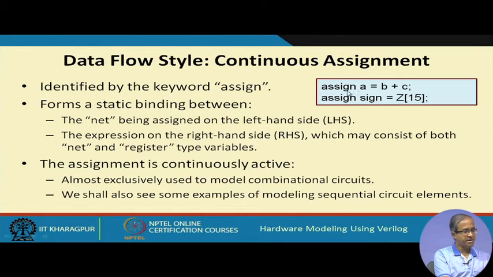Now, I mentioned earlier also, whenever we use an assign, this forms a static binding. It is not that whenever this statement is executed, b plus c is computed and the value is stored in A.